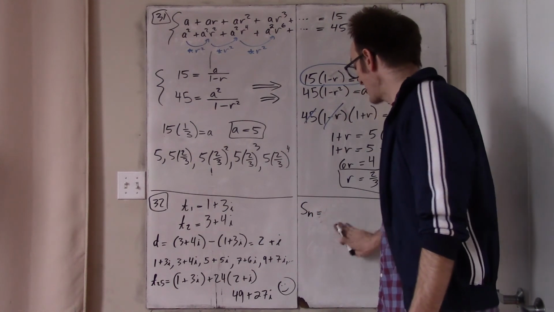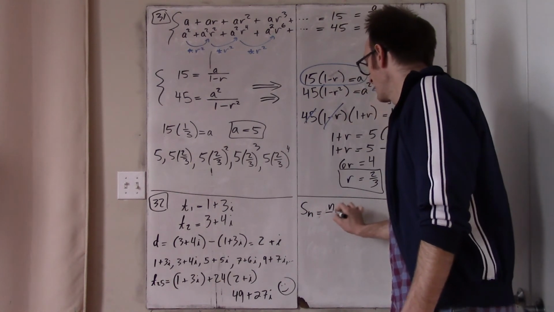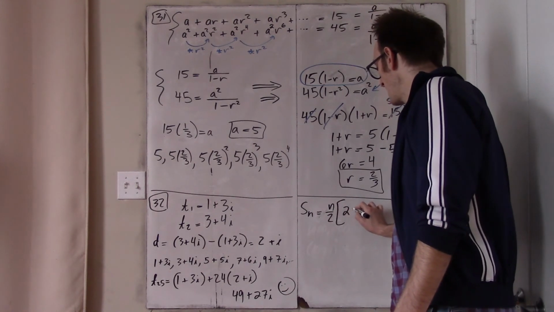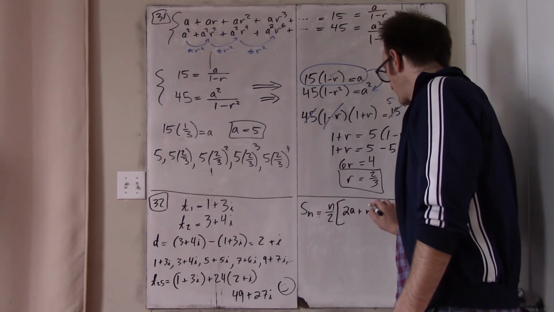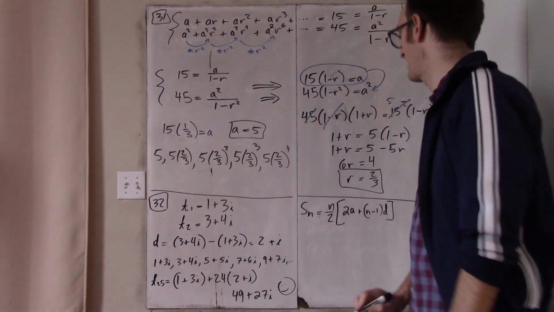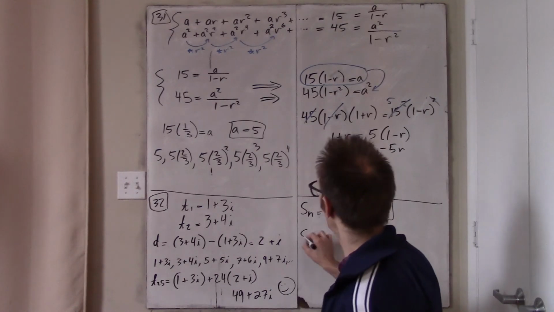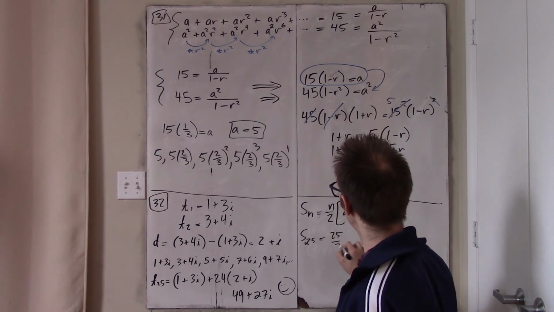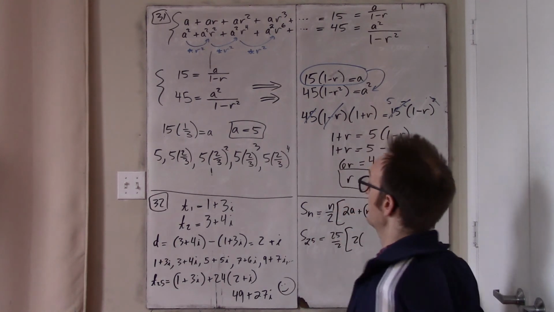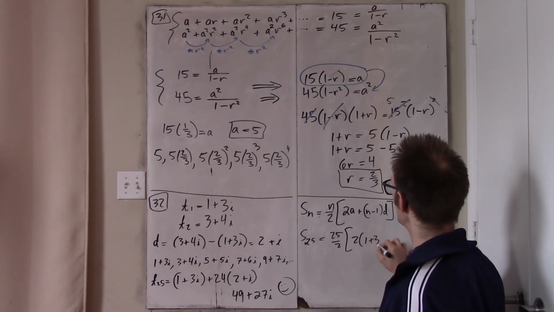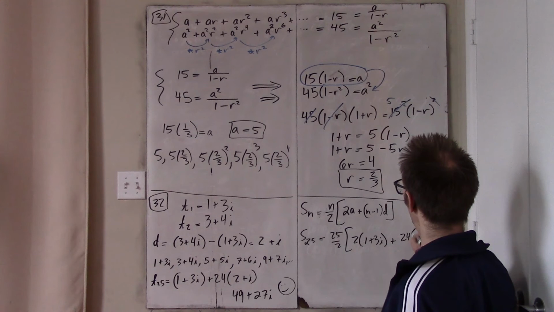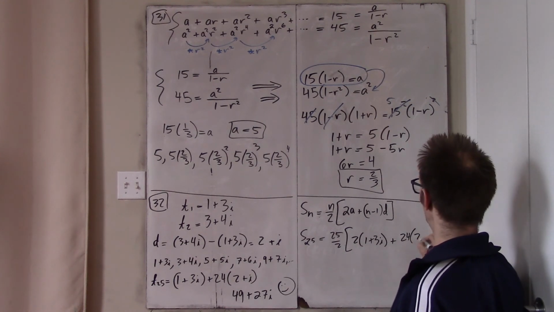So what's the sum of the first n terms of an arithmetic sequence? n over 2 times 2a plus n minus 1 d. I just know that formula by heart. So if I want the sum of the first 25 terms here, then that's 25 over 2 times twice the first term, which is 1 plus 3i, plus 24 of those d things, which are 2 plus i.